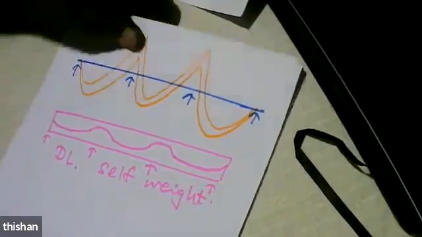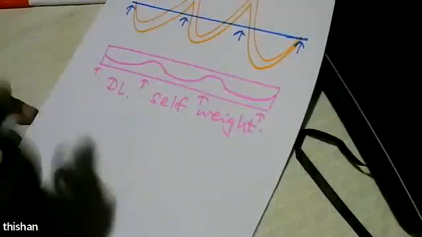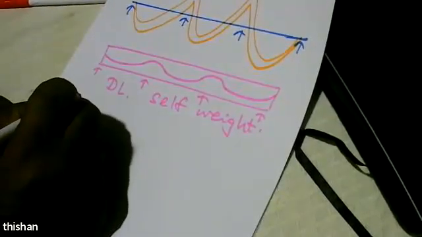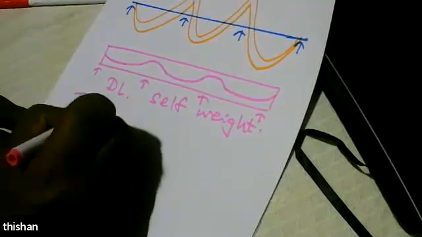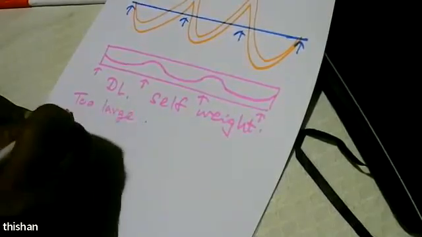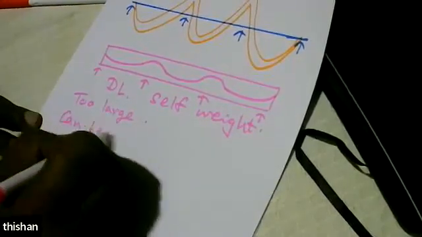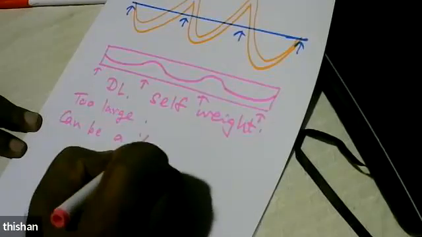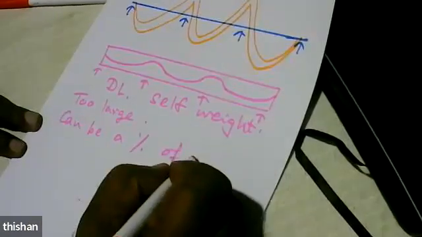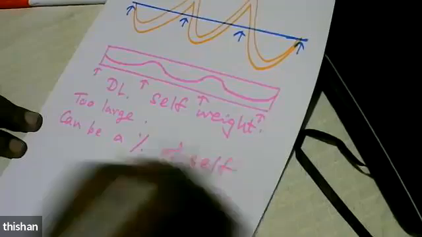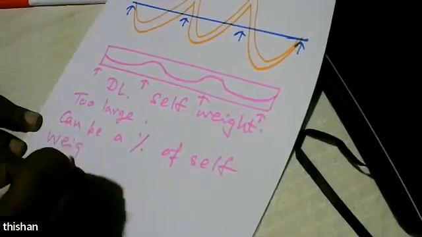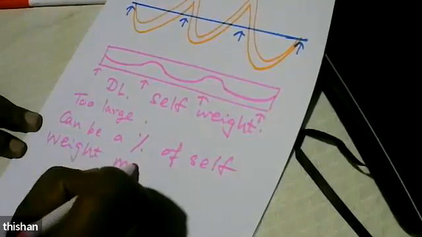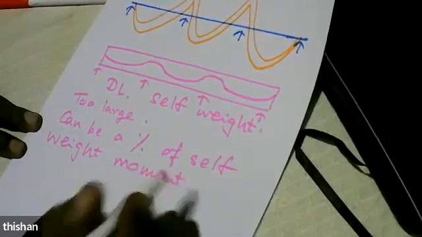So when you have secondary moments, they should not be too large and can be a percentage of the self-weight. If they are too large, what will happen?